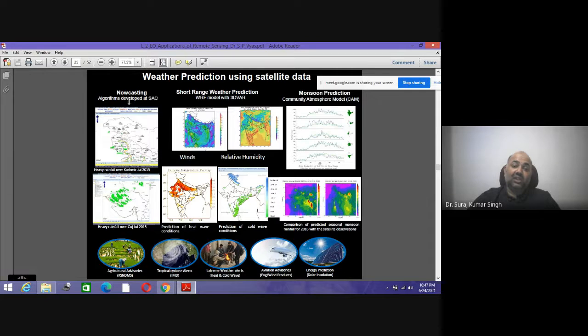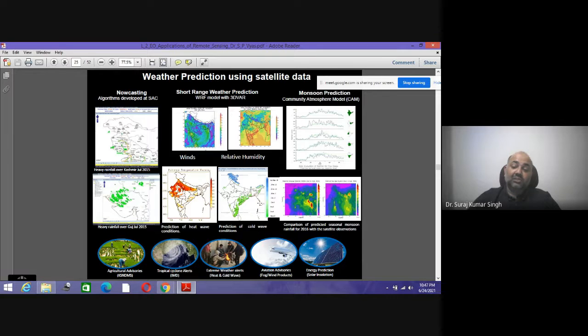So you can see that the Space Applications Centre, ISRO, and various government organizations have developed various forecasting models and algorithms on the basis of which we know which areas are expected to receive high rainfall, what the wind condition is in every area, what the relative humidity is, what the monsoon prediction is, and how the monsoon pattern will change over the decades, whether we are going to have a normal period or a drought period, or whether a high amount of rainfall is predicted in any area.